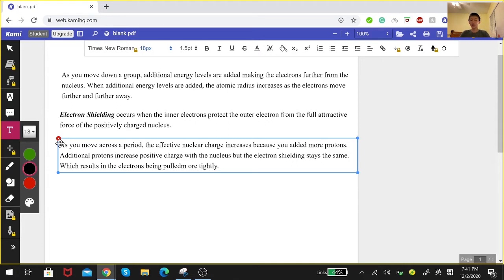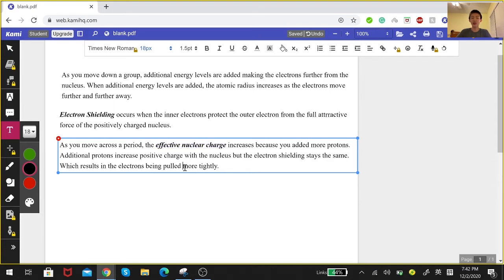As you go across the period, the electron shielding did not change since it's the same number of layers of electrons. But with more protons, there is a stronger pull, and the key word here is effective nuclear charge. That's the fancy way of saying the pull.